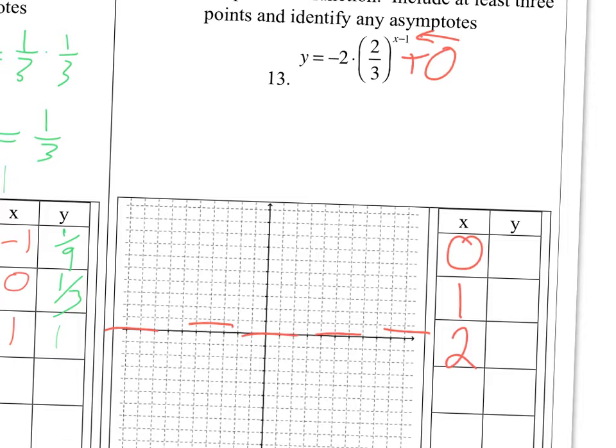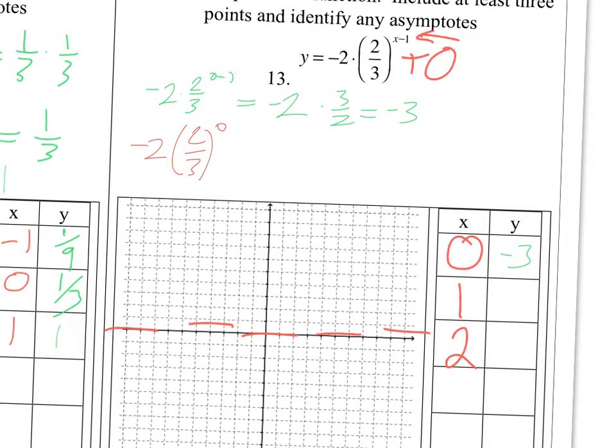First things first, we're going to plug in 0. So we've got negative 2 times 2/3 to the 0 minus 1. Oh, that's just negative 1. So negative 2 times 3 over 2 is going to be negative 3. Then we're going to have negative 2 times 2/3 to the 1 minus 1, which is 0.